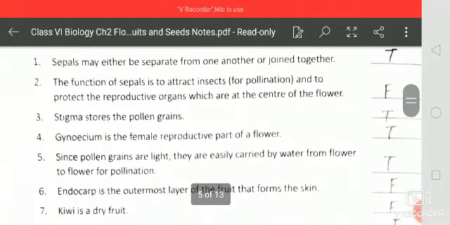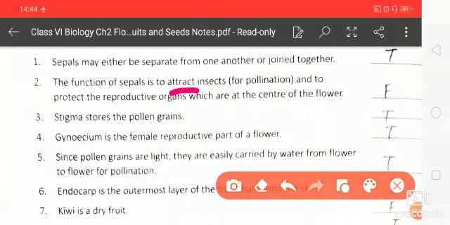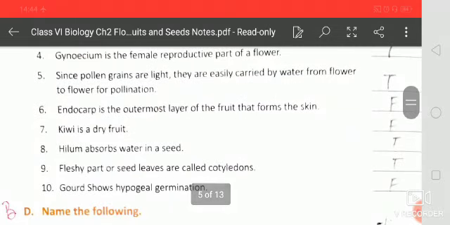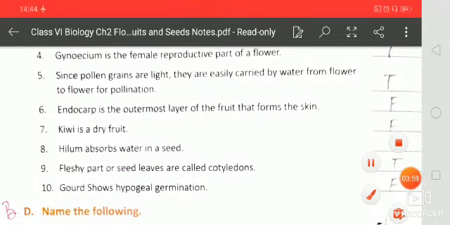The function of sepals is to attract insects, it is false, because insects are attracted by the petals. Stigma stores the pollen grains, it is true. Gynoecium is the female part, also true. Endocarp is the outermost layer, it is false, because the outermost layer is the exocarp.